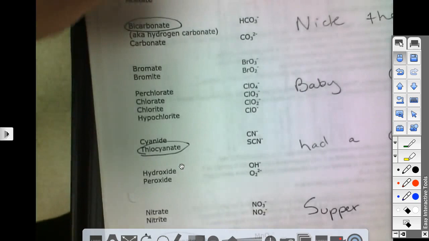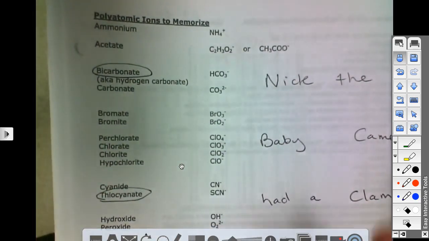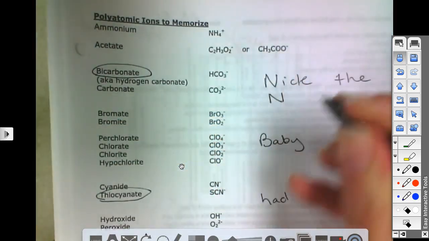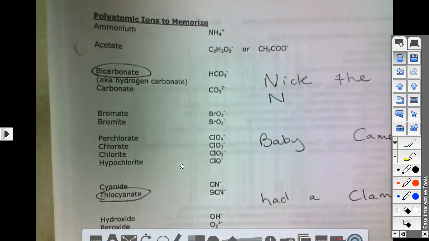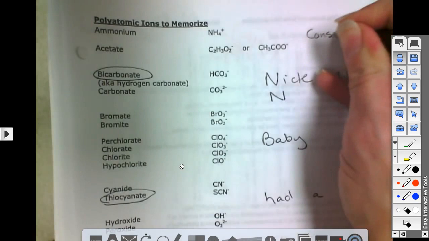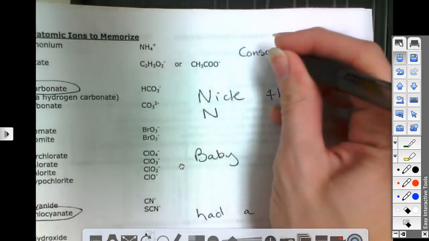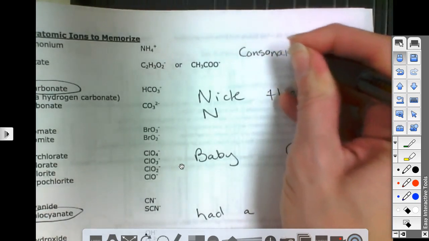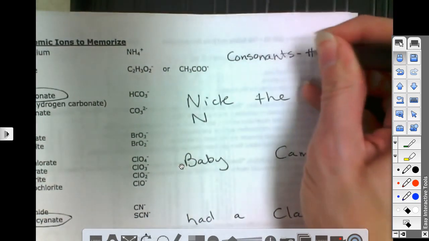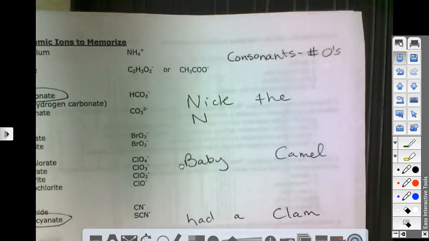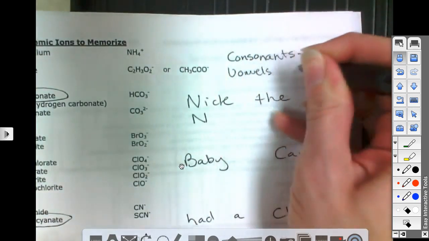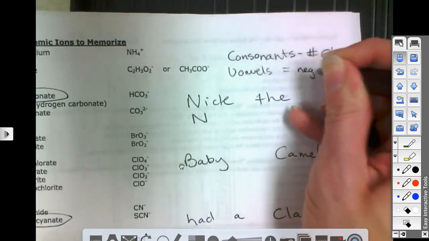All right, so here we go. Nick is for nitrate. What you're going to do is count the consonants. The consonants are the number of oxygens, and the vowels are the negative charge.